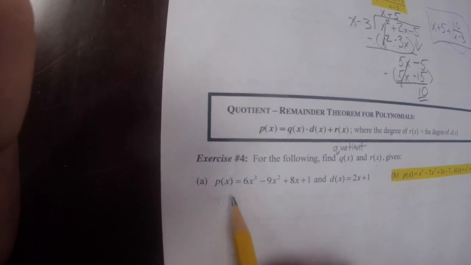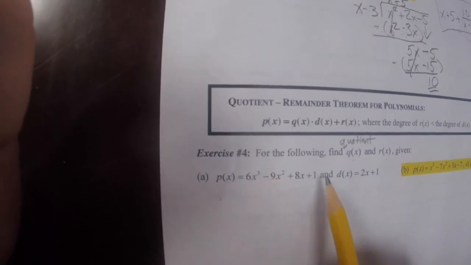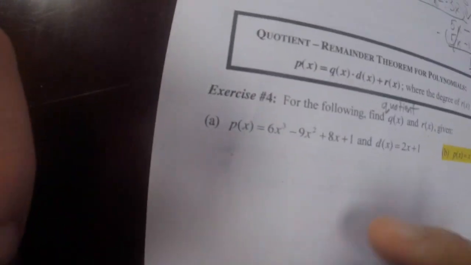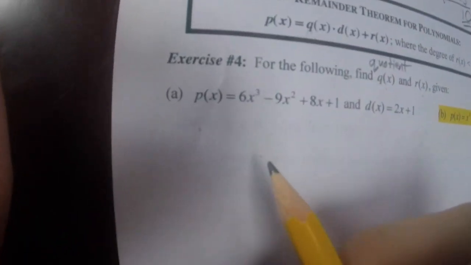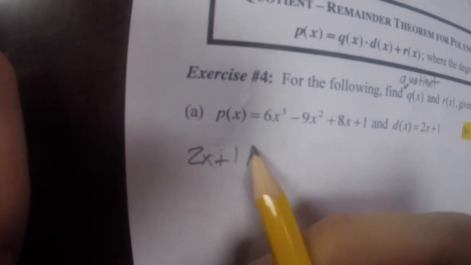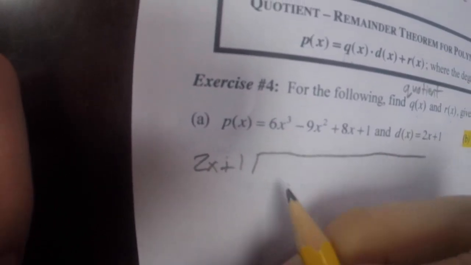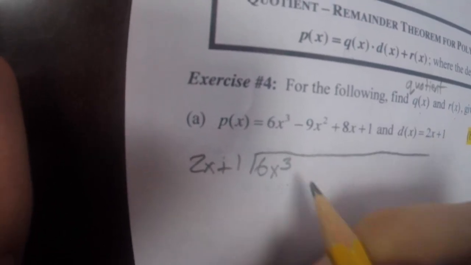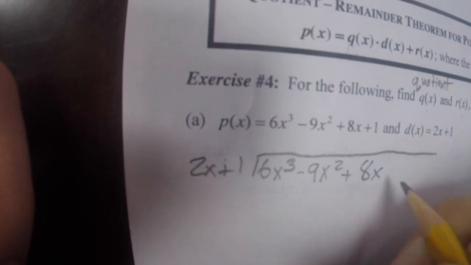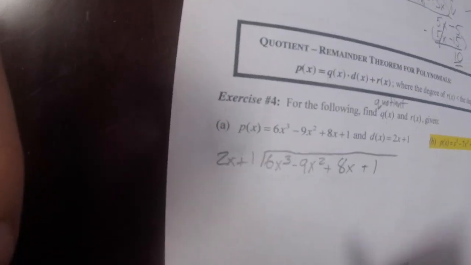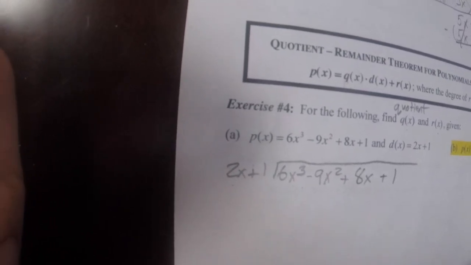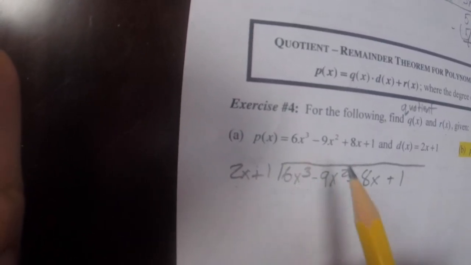All right. So we have to do this mess divided by this mess. I'm running out of room here. We have to do 2x plus 1, and we're dividing that into 6x to the third minus 9x squared plus 8x plus 1. First things first, what can I multiply 2x by in order to get 6x to the third? That's going to go right here.